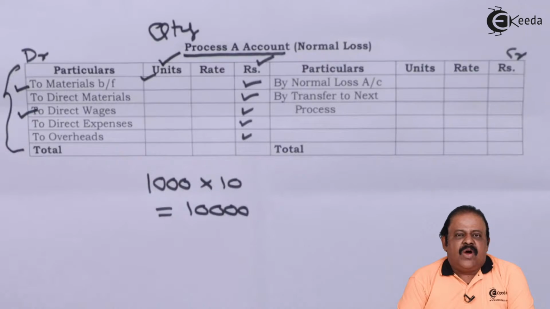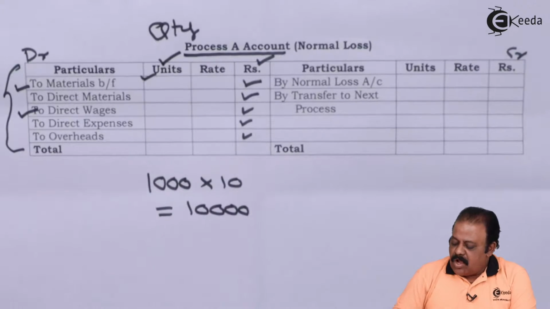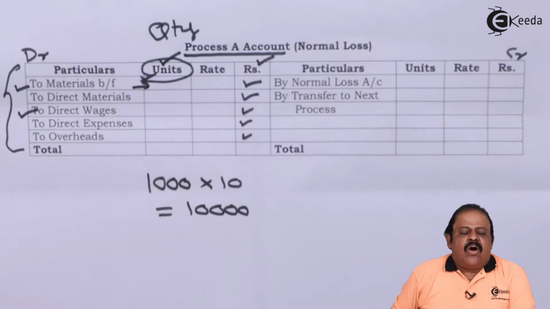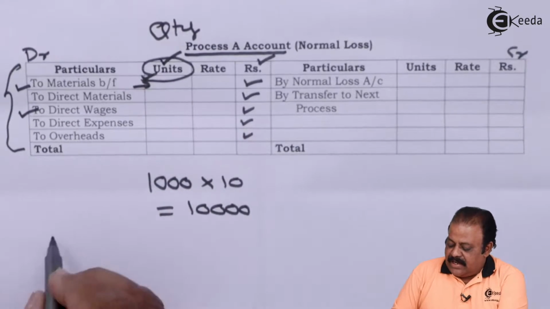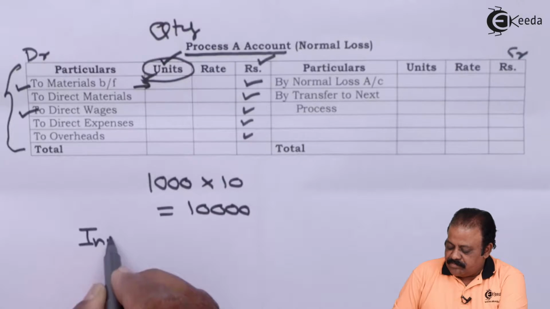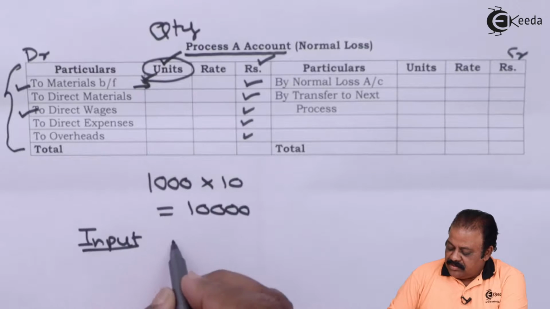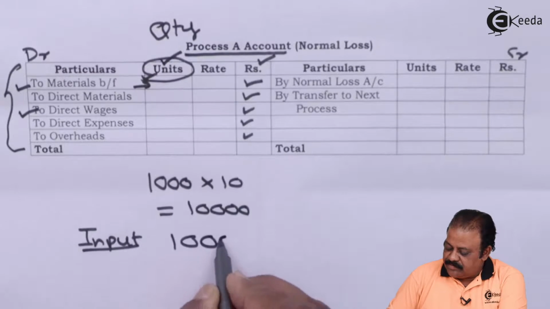So this is how all the expenses which are given in the question will be recorded to the debit of the process account. Now here we are required to focus on these units which we have recorded against the column of direct material. These are called input units. Here in our example we have taken input of 1000 units.